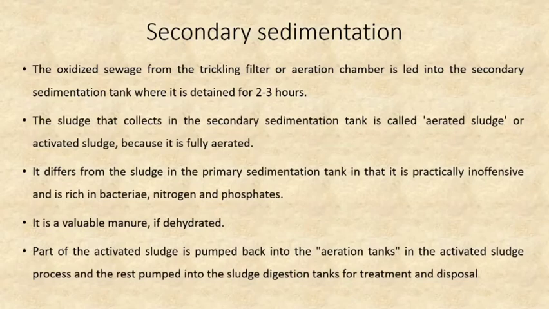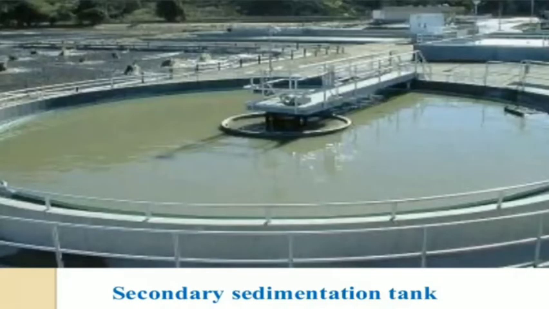This activated sludge is pumped back, or used as a return sludge, for the activated sludge process, and the remaining sludge is sent to the sludge digestion tanks for the treatment and disposal. So this is the secondary sedimentation tank.